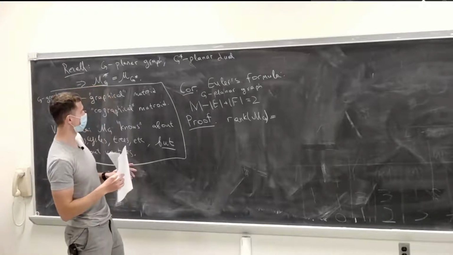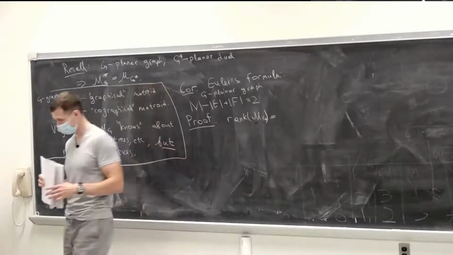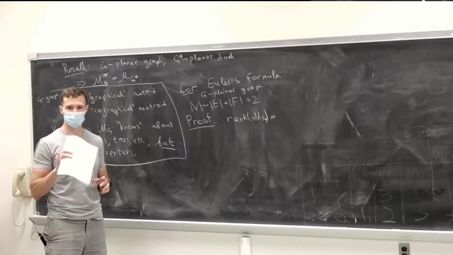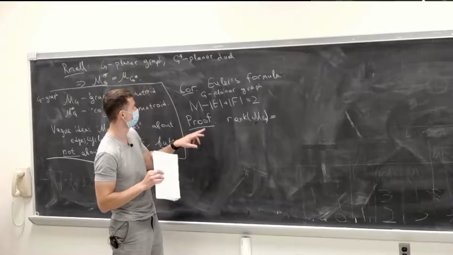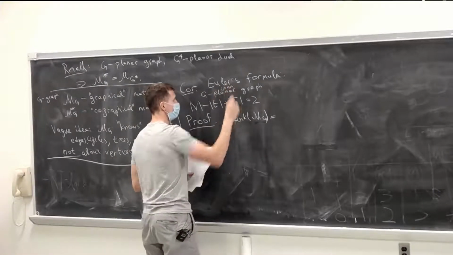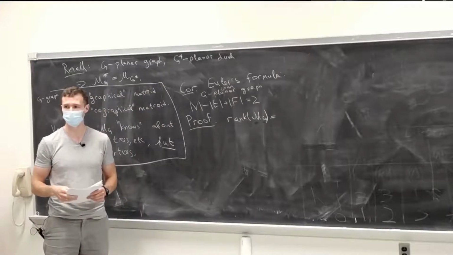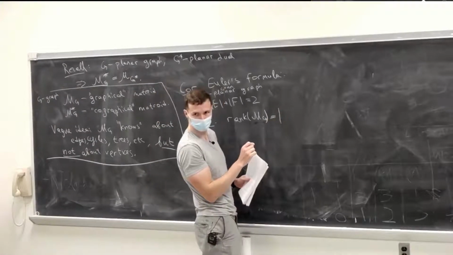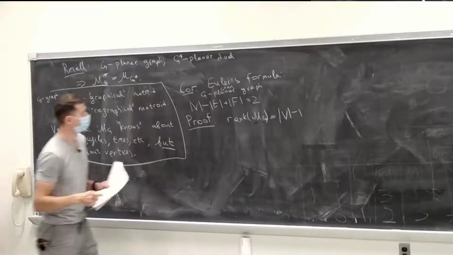Size of any basis. Nice. What are bases of the graphical matroid? Spanning trees. Okay, but the graph has to be connected. So what is the rank of the corresponding matroid? V minus 1. Okay.